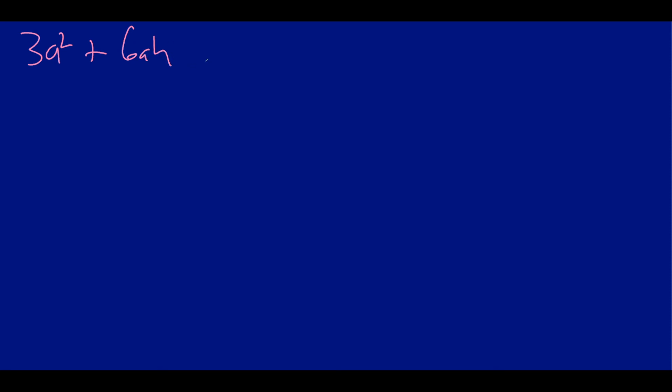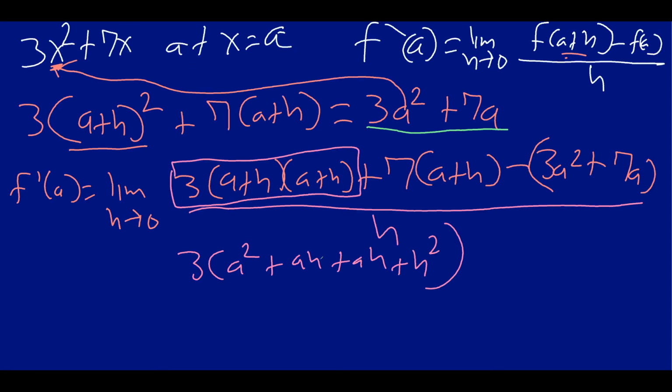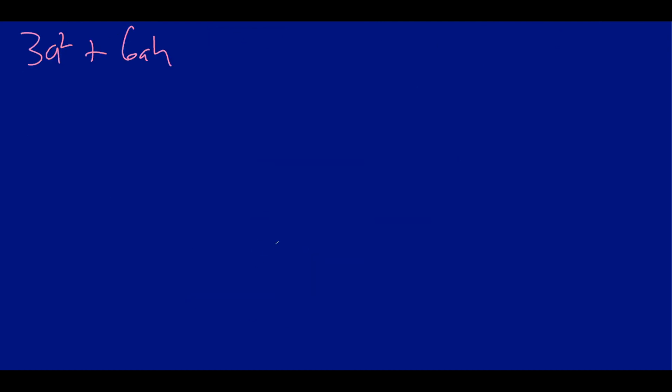Remember, you can see that we have these two ah terms, so this simplifies to 2ah, and of course, we multiply by 3, which is where that came from. That's why I have 6ah and also 3a squared, plus 3h squared plus 7a plus 7h.